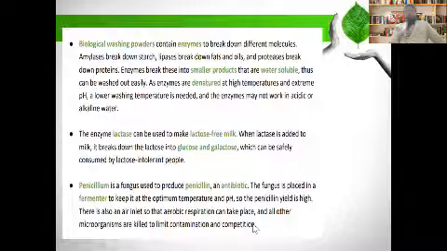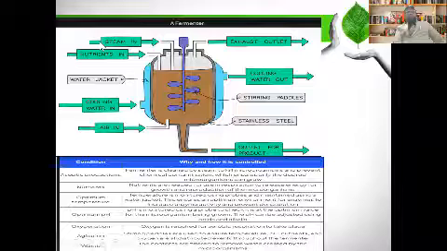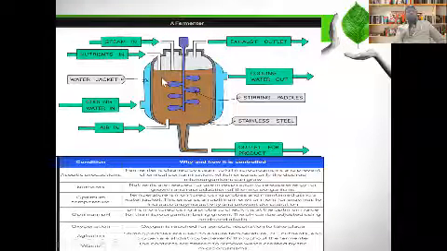Now come to the diagram so that I can explain it very well. See here, this is the diagram of a fermenter. As you can see in the diagram, the nutrients are introduced from the top of the fermenter. The nutrients are glucose, amino acids, and some minerals.